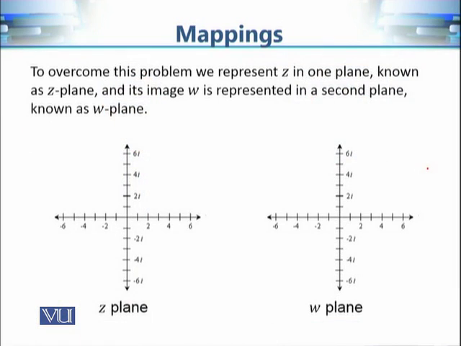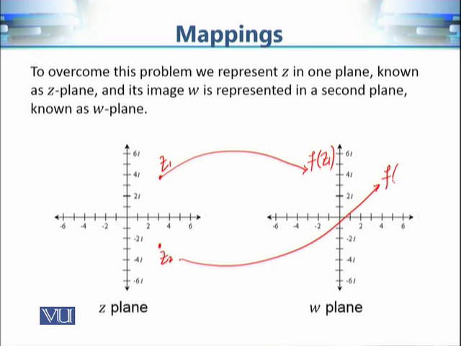So what is the solution to this problem? The solution is very simple. We take the input plane as the Z plane and we take the output values in another plane. In other words, we take points from this plane and plot them in another complex plane, the W plane.